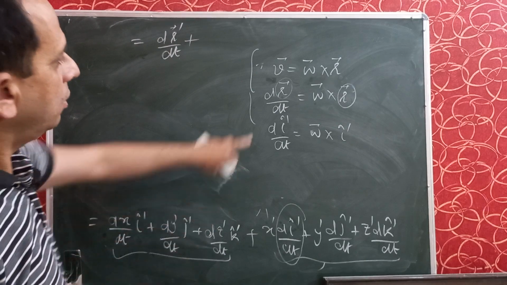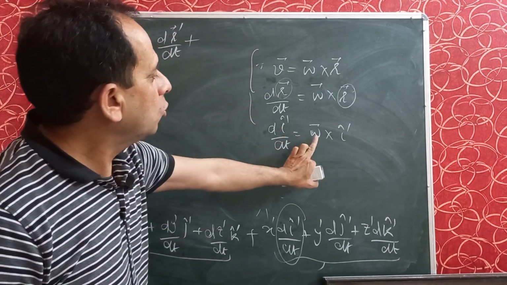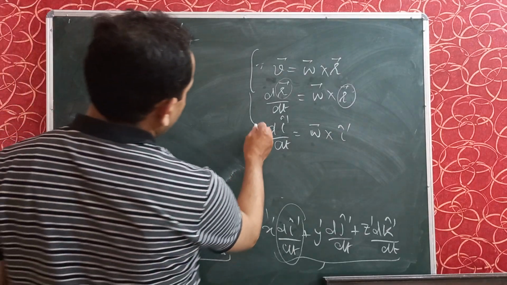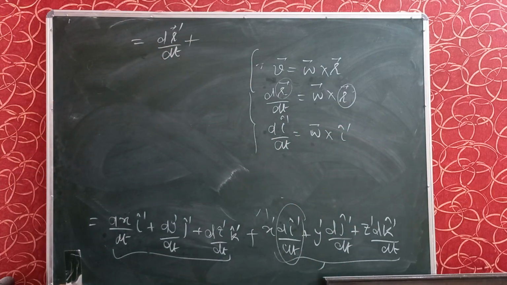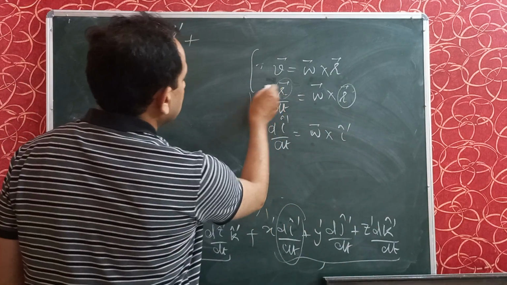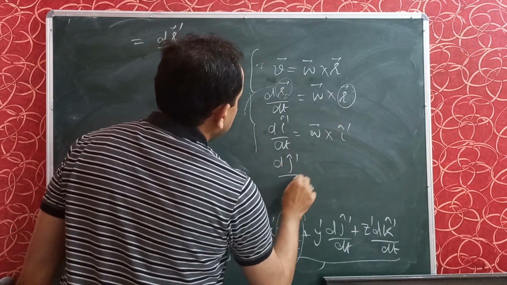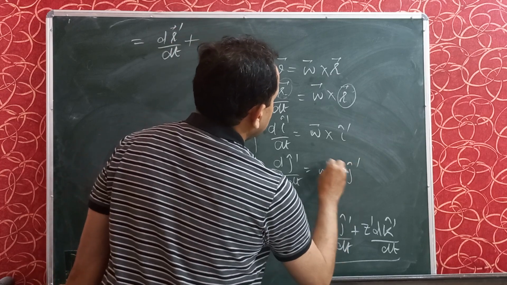So in this way, we can find the derivative of i dash with respect to t is equal to omega cross i dash. So we have not actually solved it. We have replaced the value of r with i dash. Similarly, replace this value with j dash on both sides. We will get dj dash upon dt is equal to omega cross j dash.